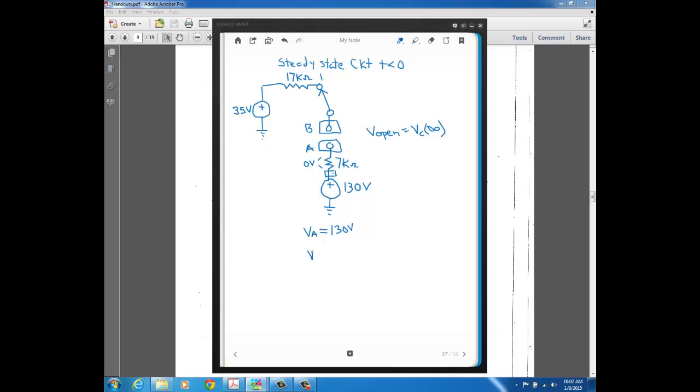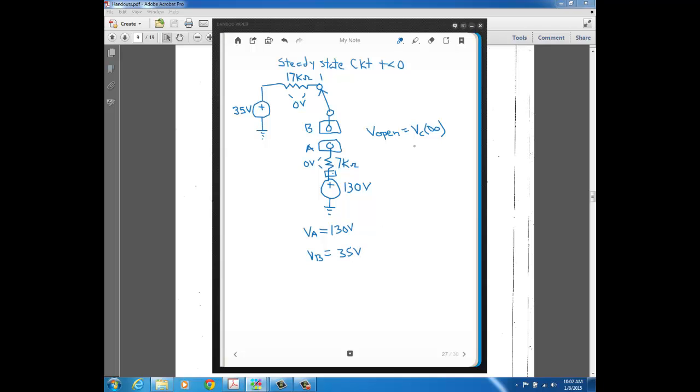Then VB is the voltage at this node, and it's the same argument: no current through this resistor, so 0 volts across it, so you get the same voltage on both sides, and VB is just 35 volts.